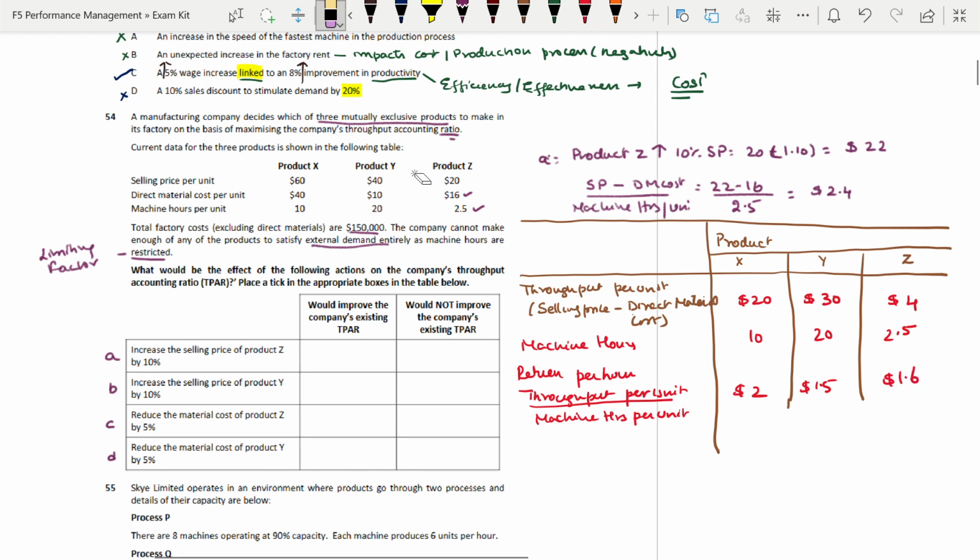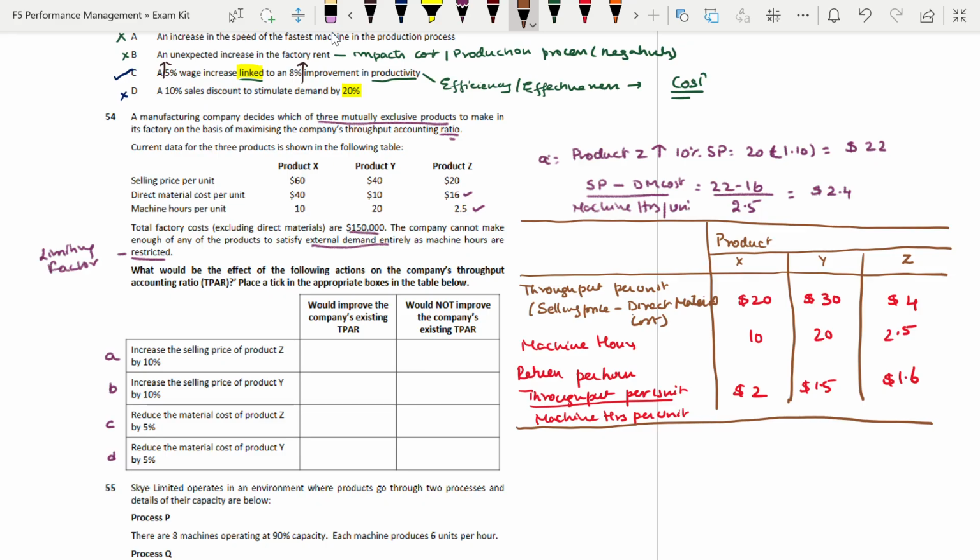First we have to create this, then it makes sense. Now you are comparing the throughput accounting ratio.